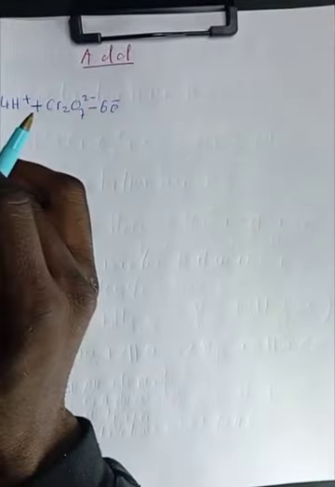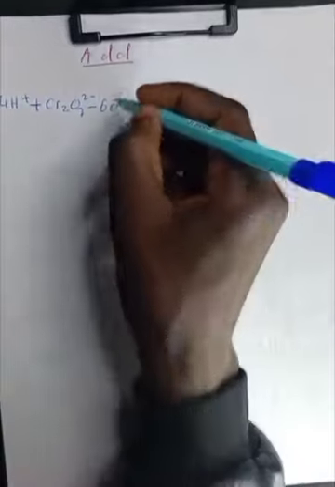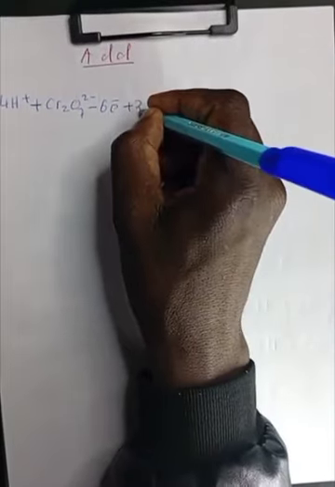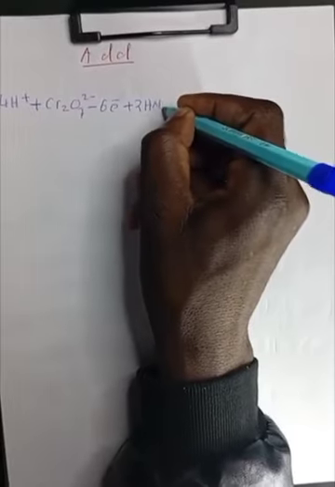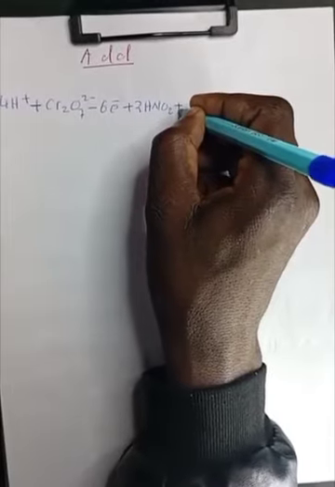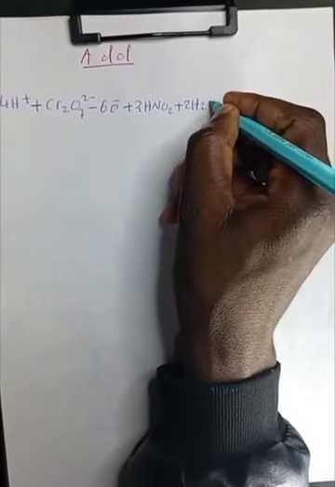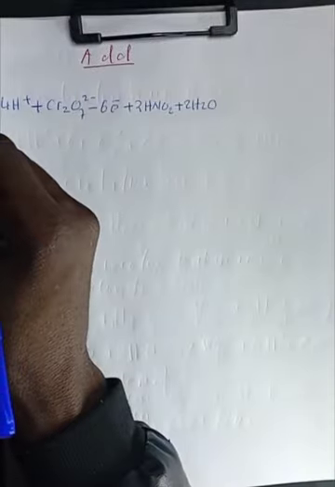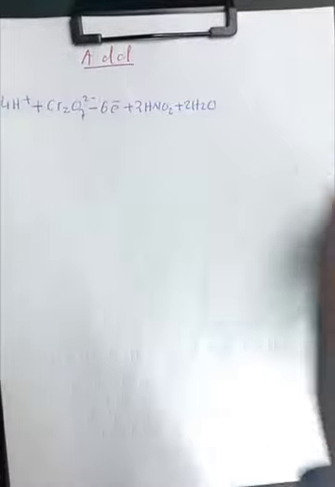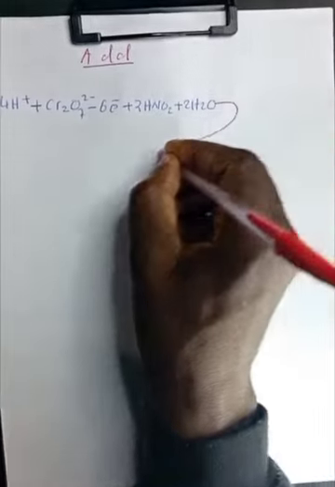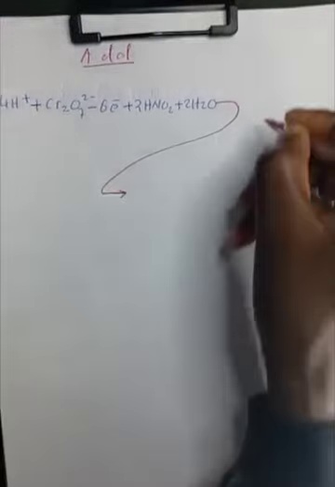Then you're going to put the one from the oxidation, which was plus 2HNO2, then plus 2H2O. Because of space, I'll put the arrow like this, but it's supposed to be that.